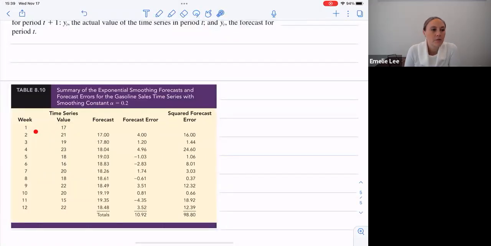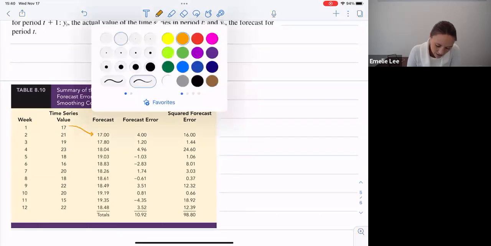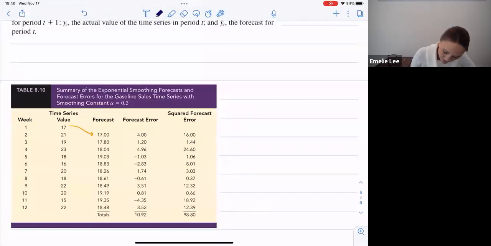So if we have weeks 1, 2, 3, all through 12, then we have this first value, right? 17, and that's where we start our forecast. And so this comes down here and becomes our forecast for week 2. What if I have to do the forecast for week 3? Then remember, y hat t plus 1 is alpha times yt plus 1 minus alpha times y hat t.